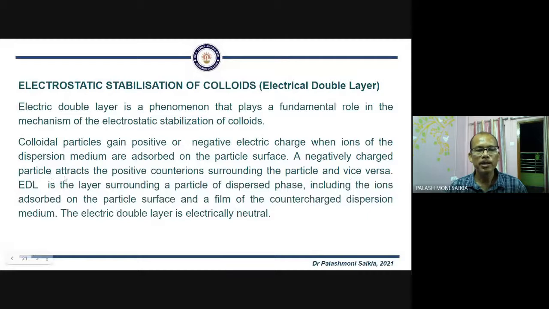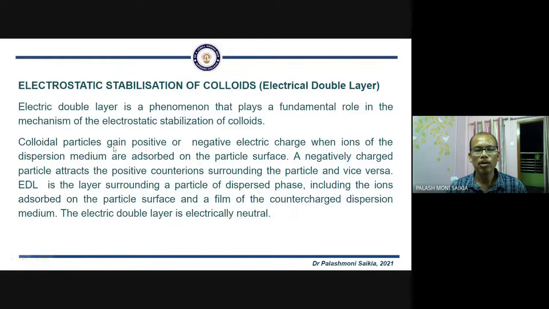A negatively charged particle will attract positive counter ions surrounding the particle and vice versa. Once the colloids acquire the charge, they will attract some counter ions from the dispersion medium, and as a result an electrical double layer is generated. It is the layer surrounding a particle of the dispersed phase, including the ions adsorbed on the surface and a thin film of countercharged dispersion medium.